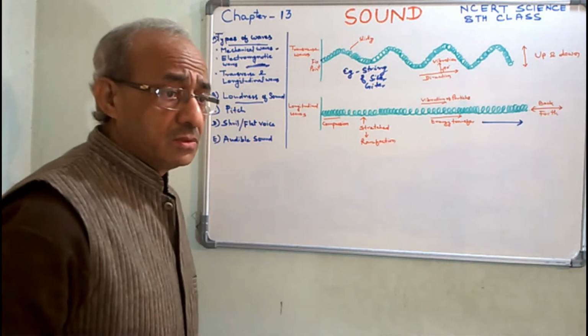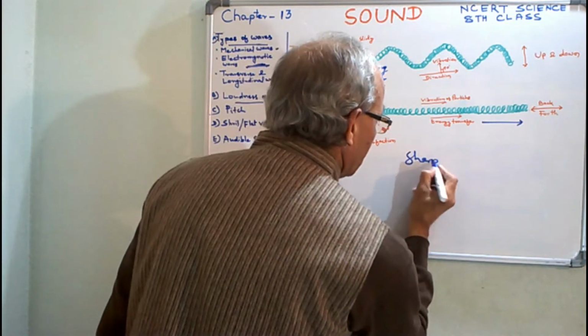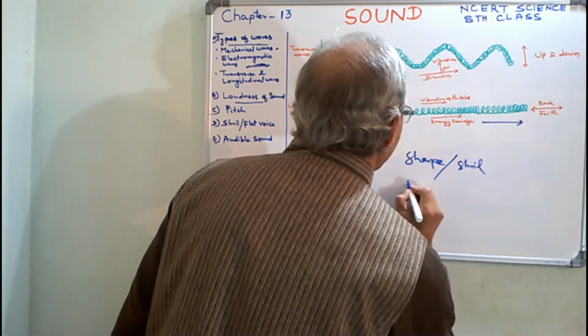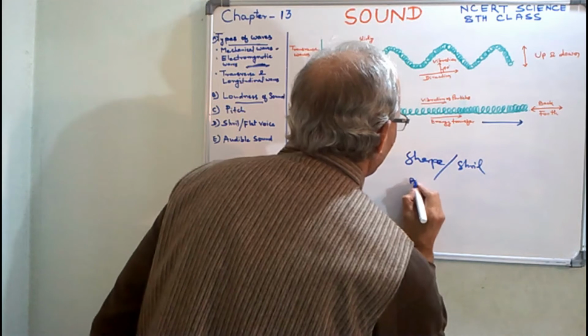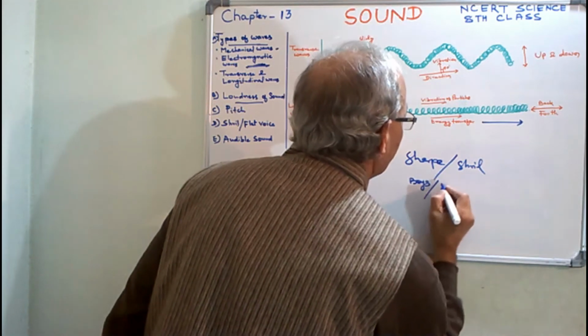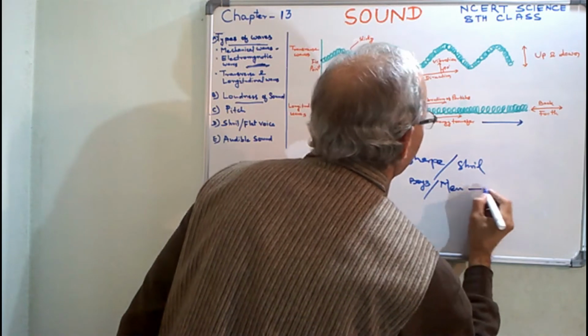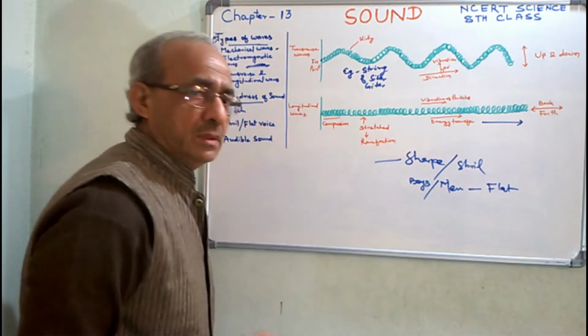Why are girls and women having a very sharp or shrill voice, and boys and men are having a flat voice? What are the reasons?